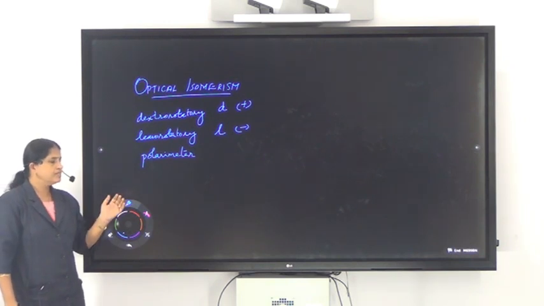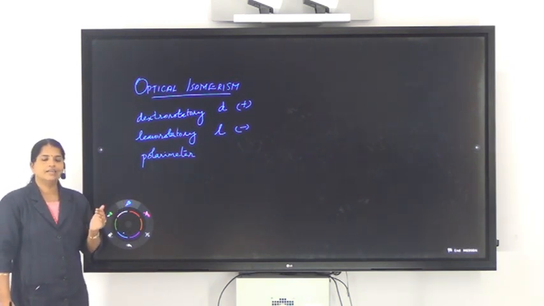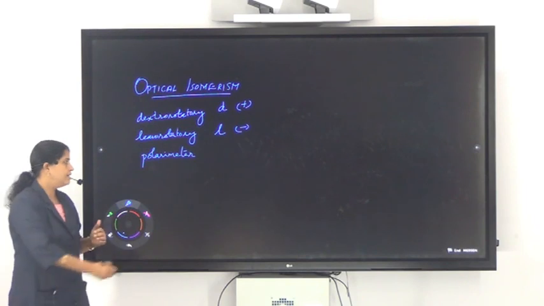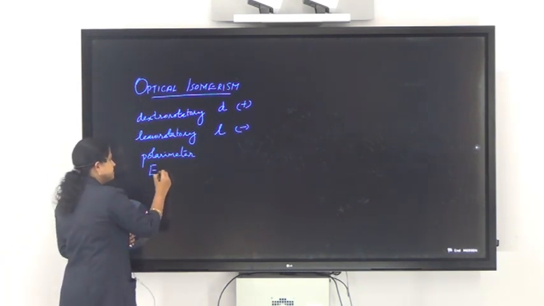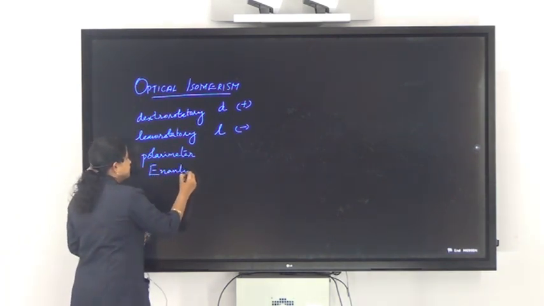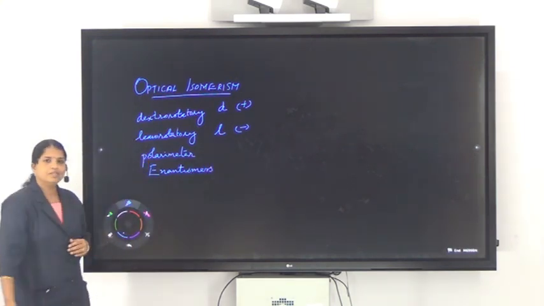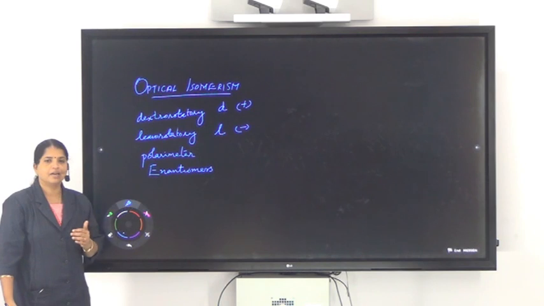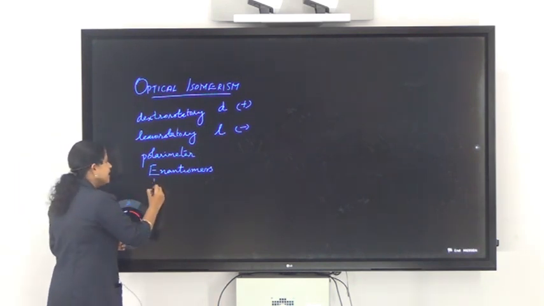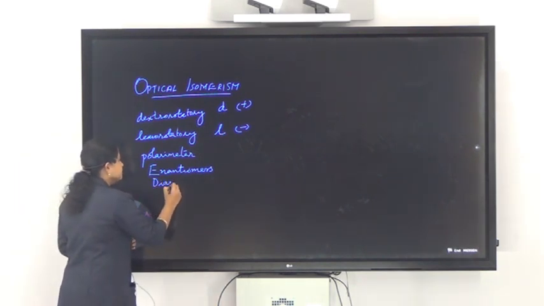Then those isomers which are related to each other as mirror images are called enantiomers, and those isomers which are not related as mirror images are called diastereomers.